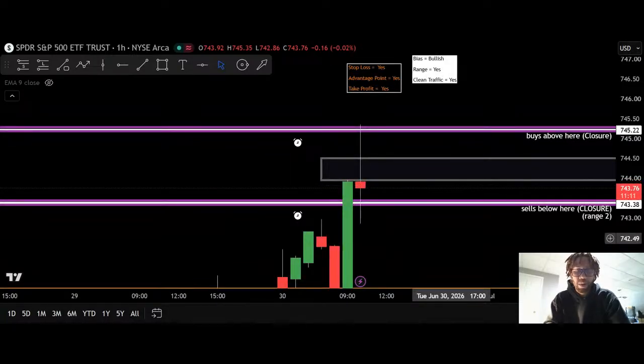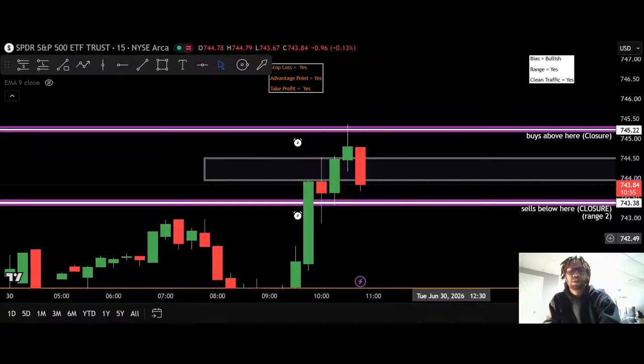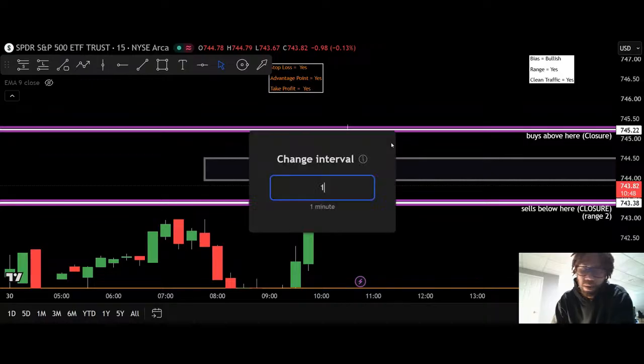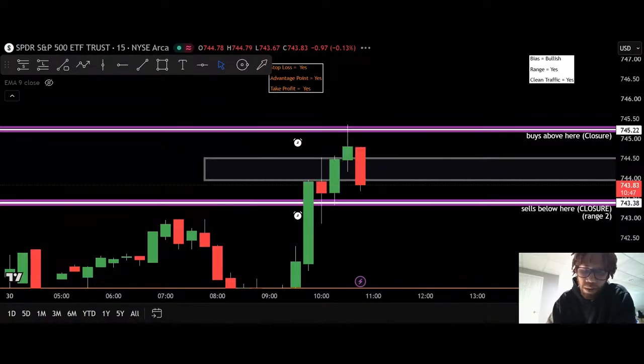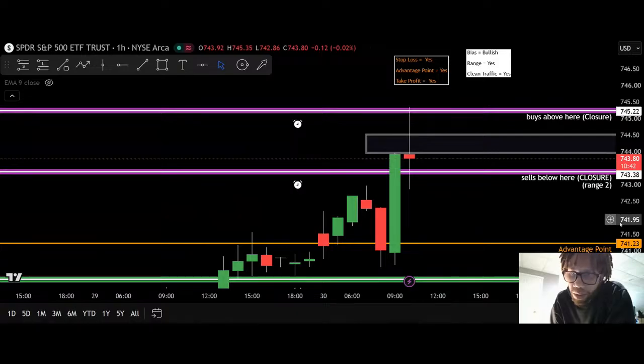One hour, but bearish. Again, this is where the seller stepped in here. All right, this top wick. Got a little over 10 minutes.